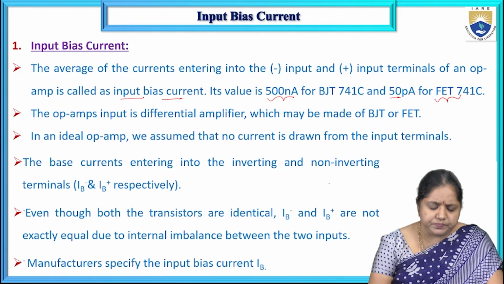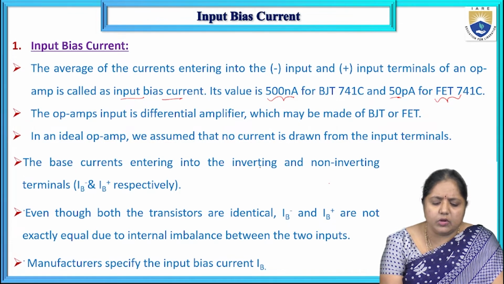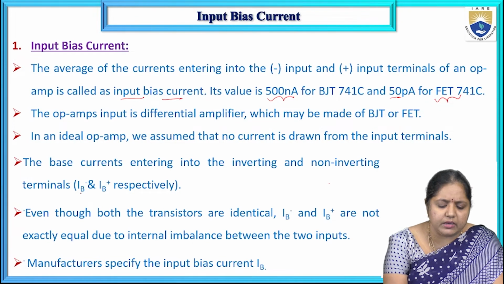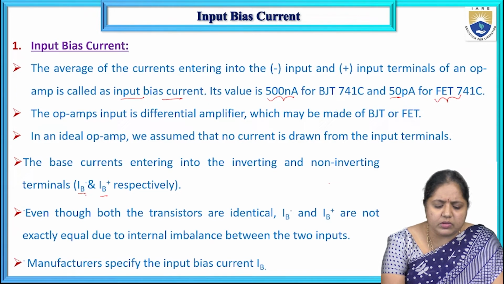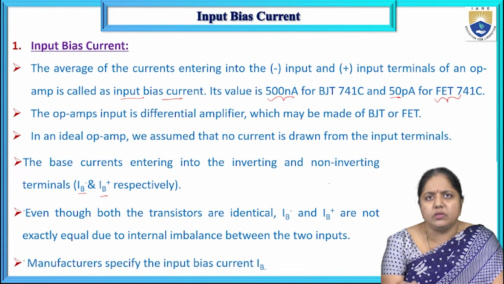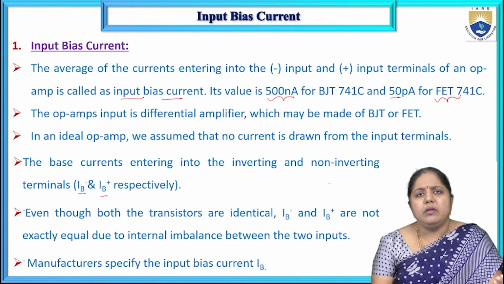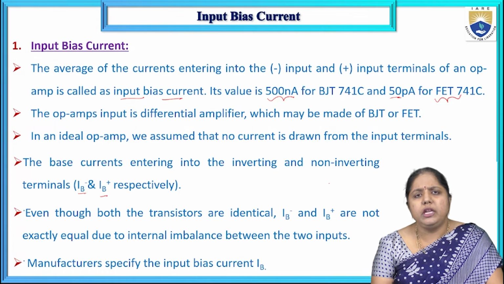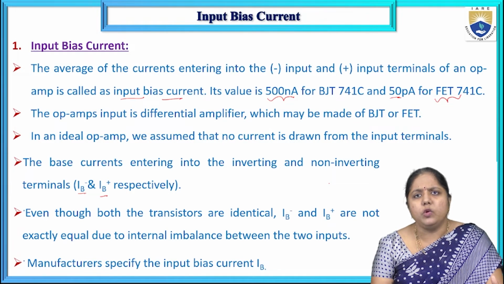The currents passing through the inverting and non-inverting terminals of the op amp, the base currents, are represented as IB minus and IB plus. Generally, what is the internal diagram of an op amp? The op amp has 4 stages. The first stage is dual input balanced output, the second is dual input unbalanced output, the third stage is a level shifter, and the fourth stage is the output stage.